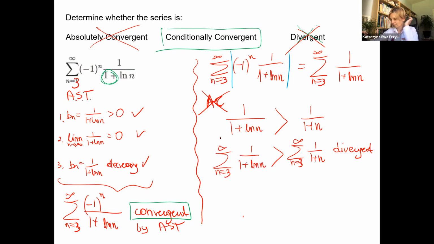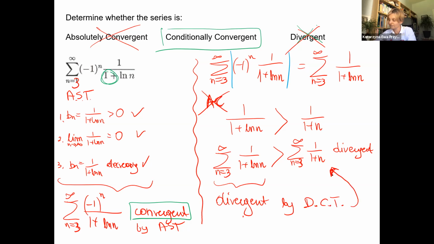That means this is divergent by direct comparison test, and we are comparing with this formula. However, we are still not sure if this is divergent, because how do we know that this is divergent?